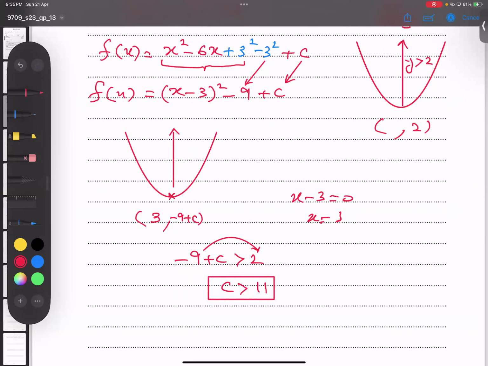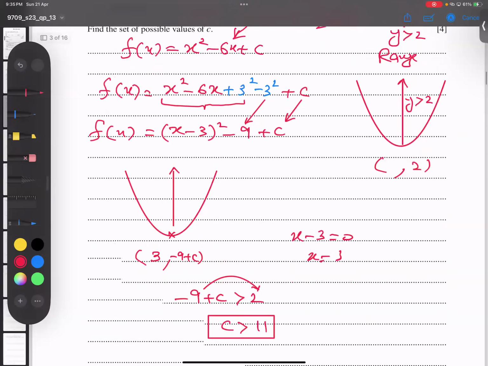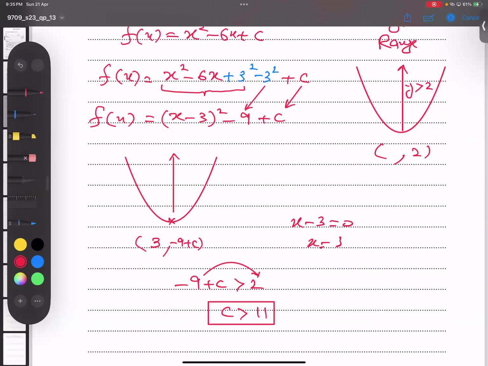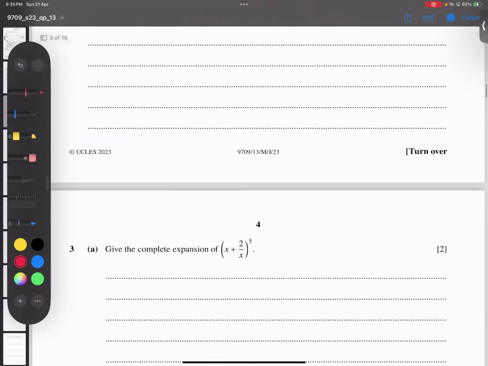And he was asking us to find the range of values for which the situation is satisfied. So this is very clear. We have another choice, even by differentiating to get the stationary coordinate, and we can find the y value from there. So I think this point is clear, and let's go for the next question.